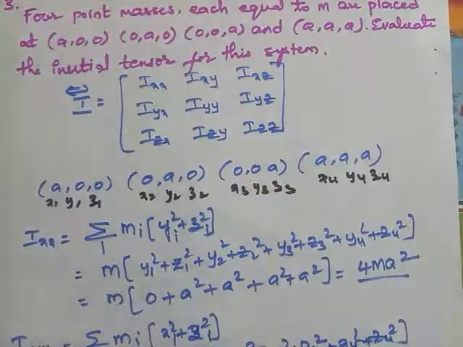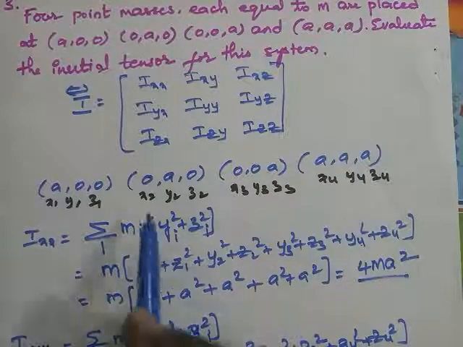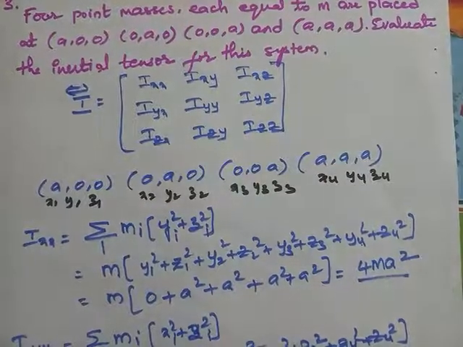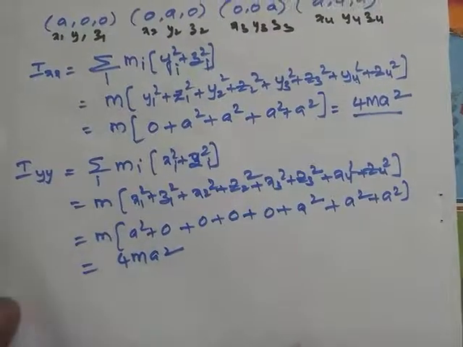Substituting the values: x1 square is a square, z1 square is 0, x2 square is 0, z2 square is 0, x3 square is 0, z3 square is a square, plus a square plus a square. Finally we have 4m a square.